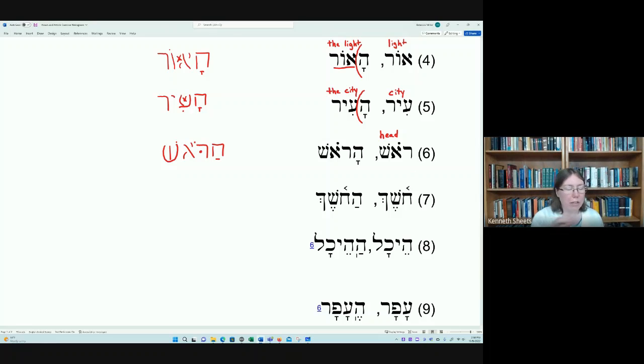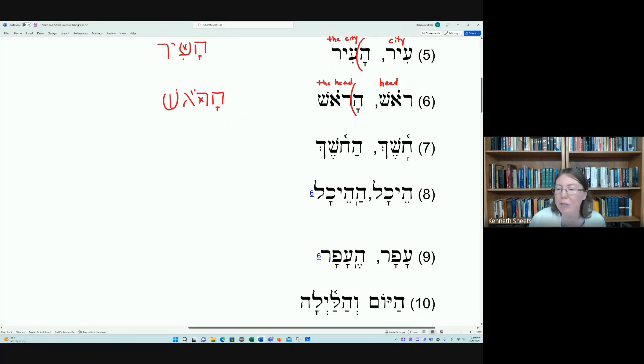Well, the dagesh forte is now going inside of the resh. And the resh, because of the fact that it is pronounced back here in the throat, it cannot be doubled. And so as a result, it rejects the dagesh forte and the preceding vowel lengthens. And so thus we get the form harosh. And so thus that would be the head.